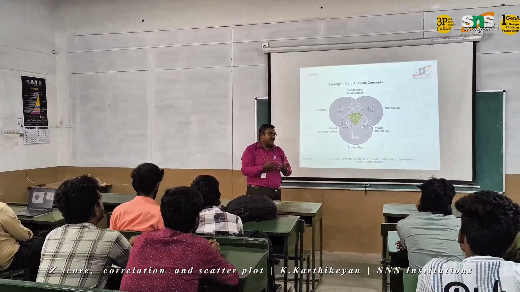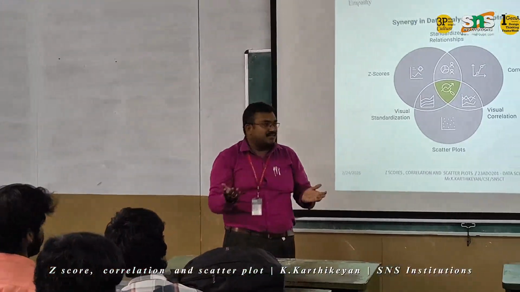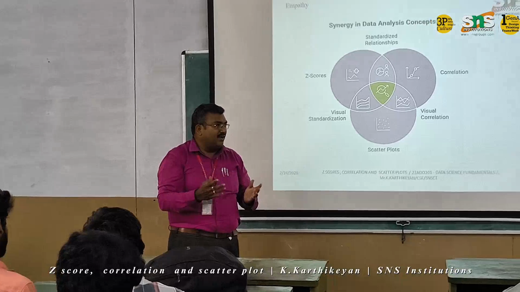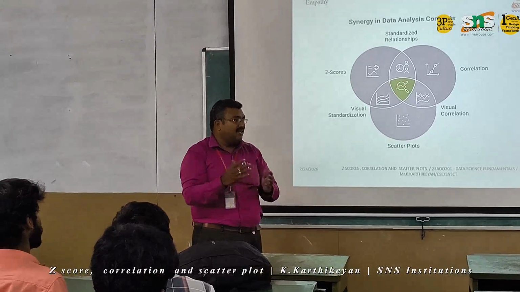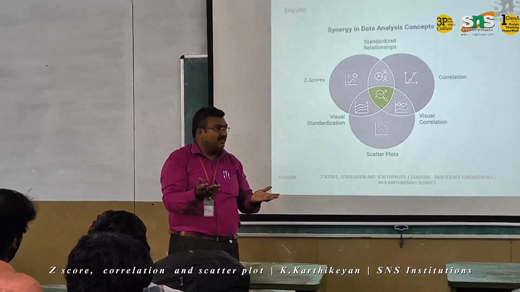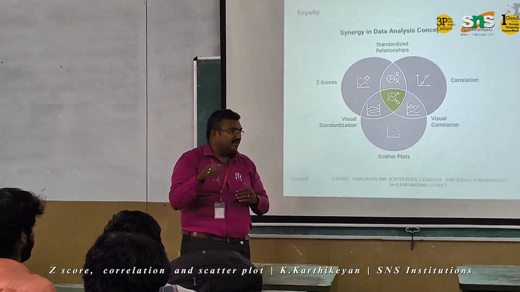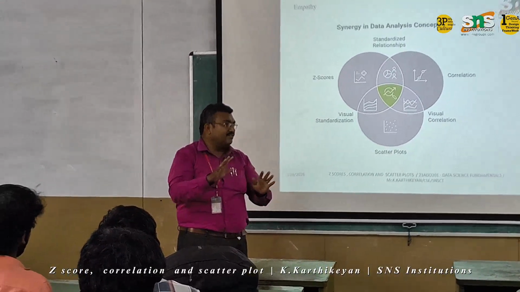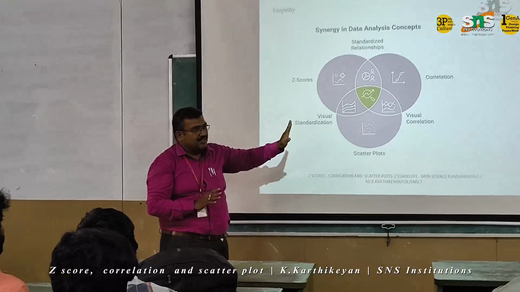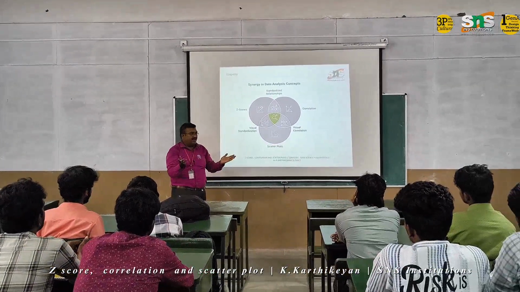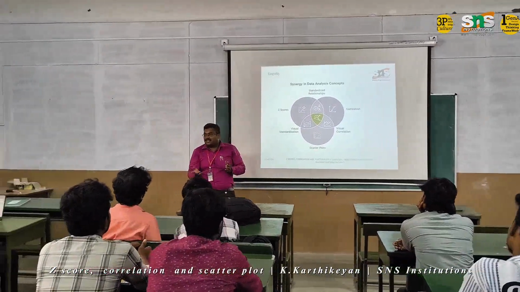Say you have 34 members, now 31 members cleared and 3 members failed, particularly in only one subject. That is the class average. So 31 divided by 34 into 100 is the average of the class. This is the correlation. Based on this, you can take a decision.